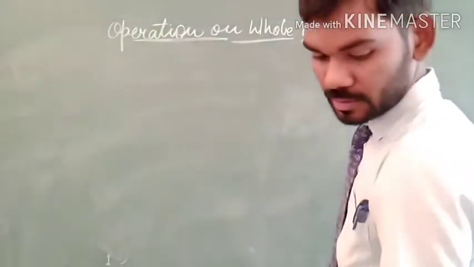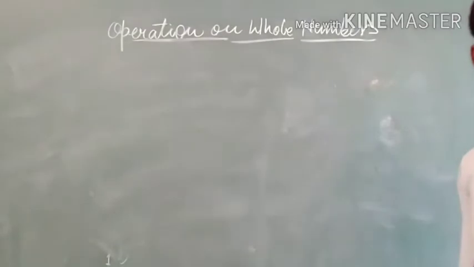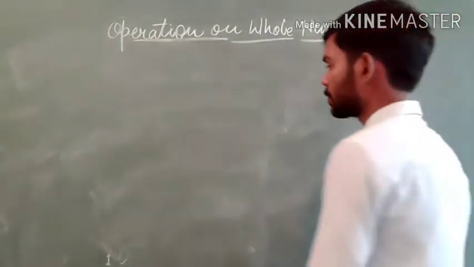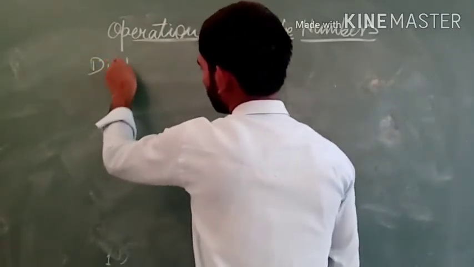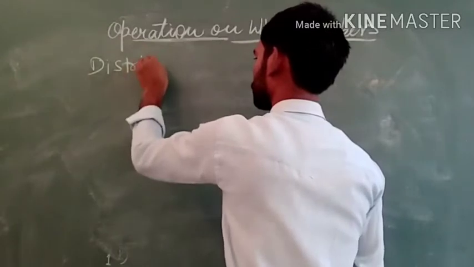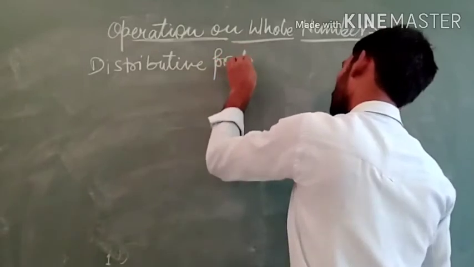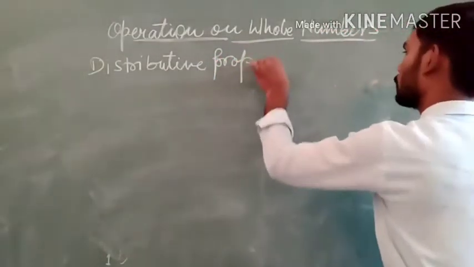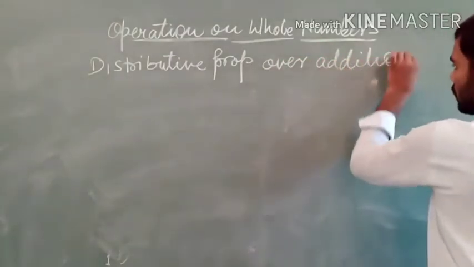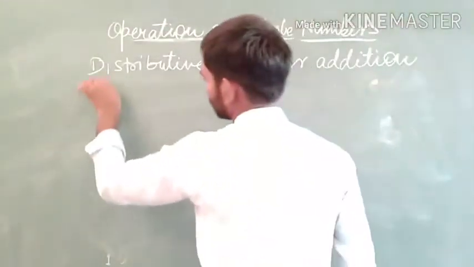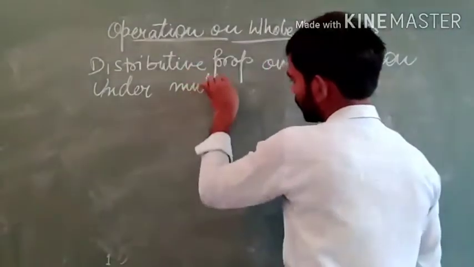The next is the distributive property. It is called the distributive property of multiplication over addition.